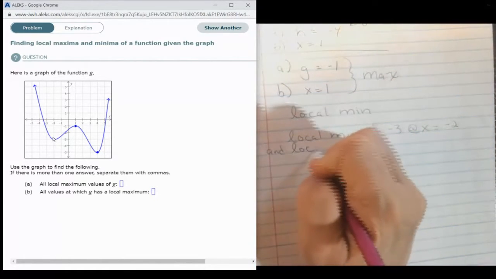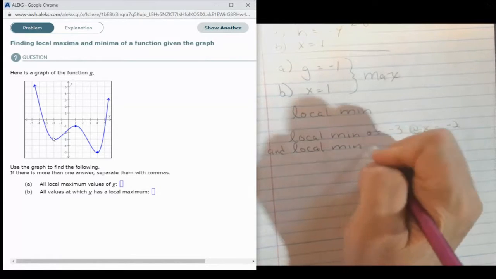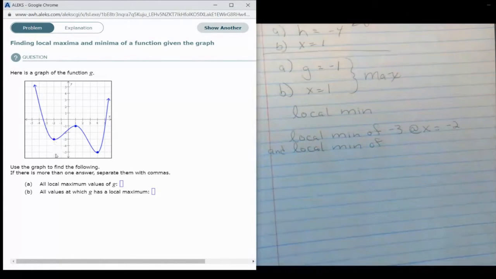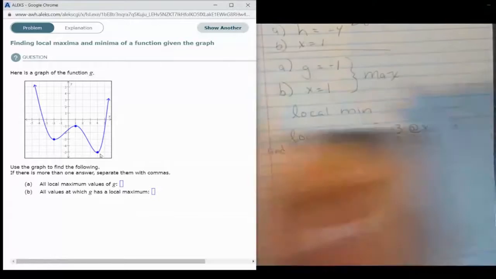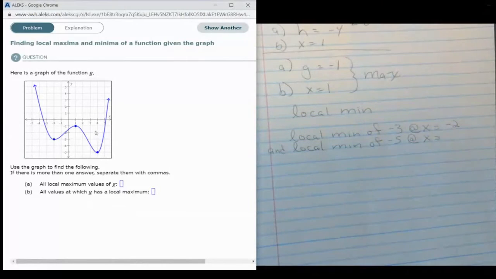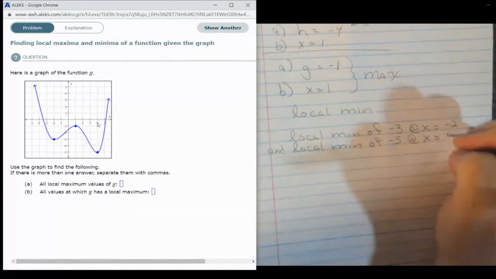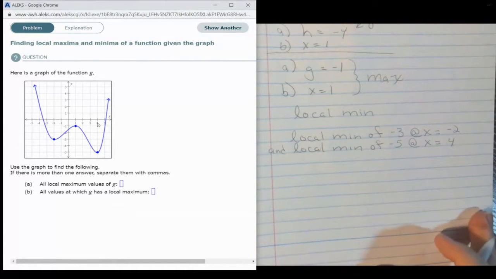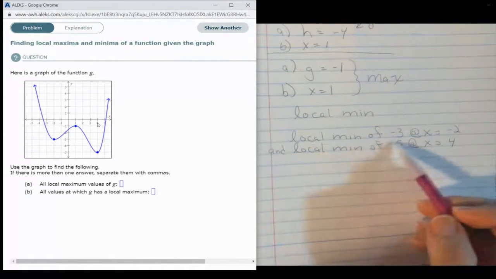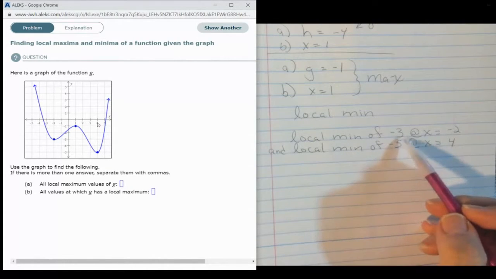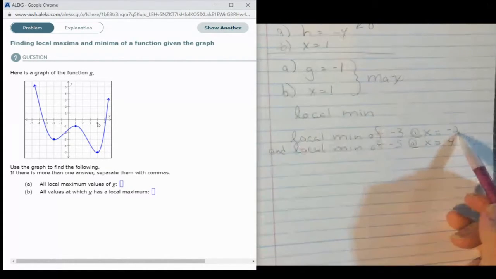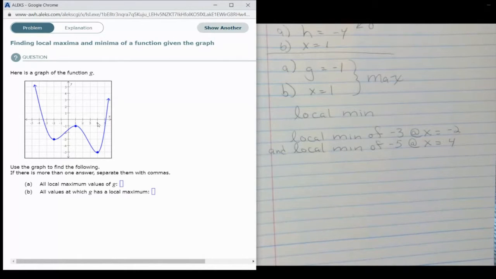There's another local min of -5 when x equals 4. So they want the y value that's at a high or a low point, depending on which one they're asking for, and the x value that gets you it. Any questions on those?